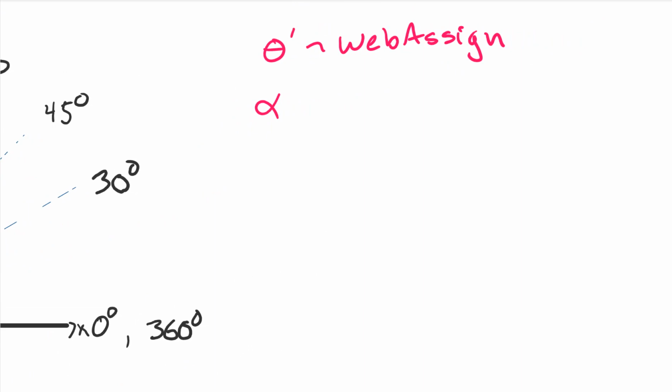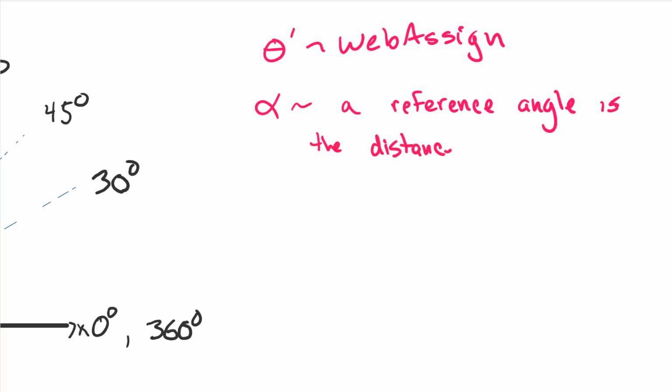If alpha is a reference angle, and this is just your teacher's definition, a reference angle is the "distance" to the x-axis. Now this is wrong. This is just your teacher telling you how he looks at this.